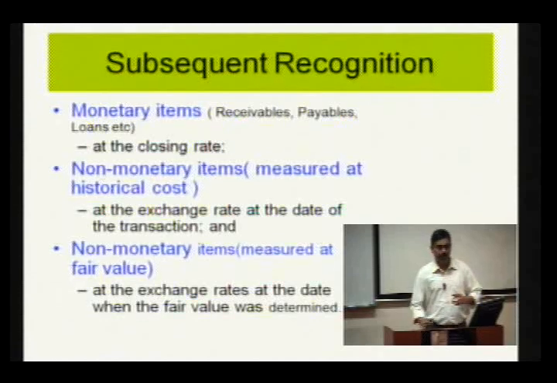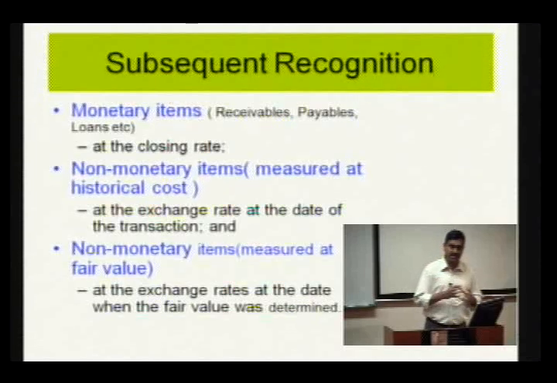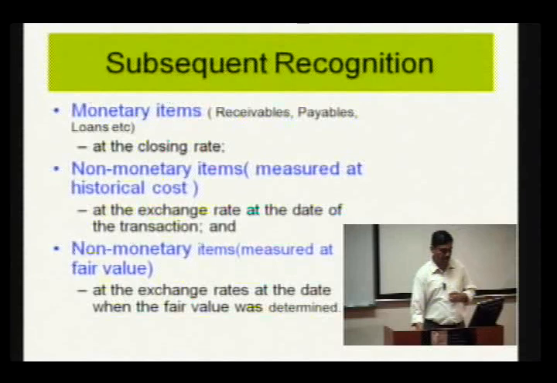But sometimes a non-monetary item like plant, property and equipment, as per the respective accounting standard, might have been revalued. In that case, the exchange rate on the date of revaluation should be used. In other words, let me summarize.